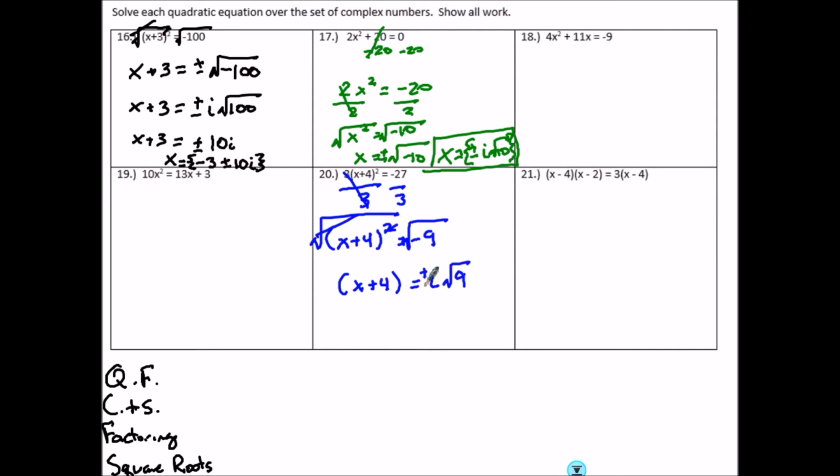So x + 4 is equal to plus or minus 3i. Subtracting 4 from both sides, we're left with x equal to negative 4 plus or minus 3i.